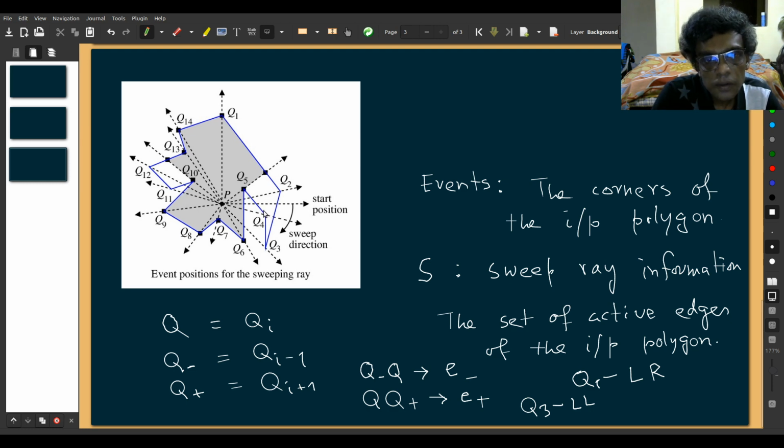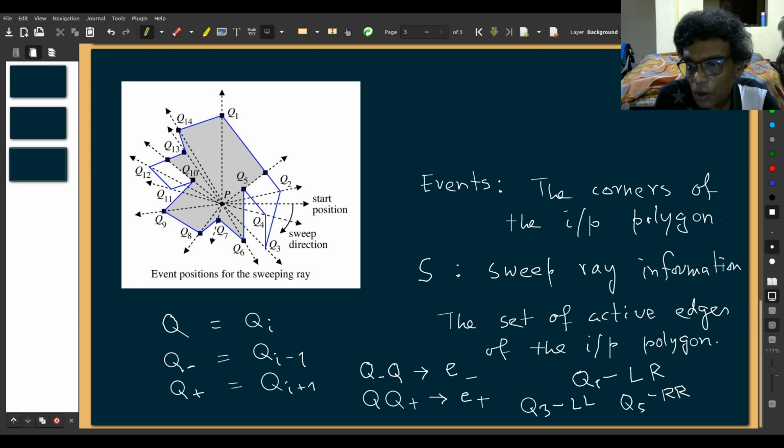This is the ray, so this is to the right, this is to the right. So Q5 is an event of type R R. Whereas if I look at this Q4, here what happens? The previous one is to the right, the next one is to the left. So this event Q4 will be an event of type right, left.